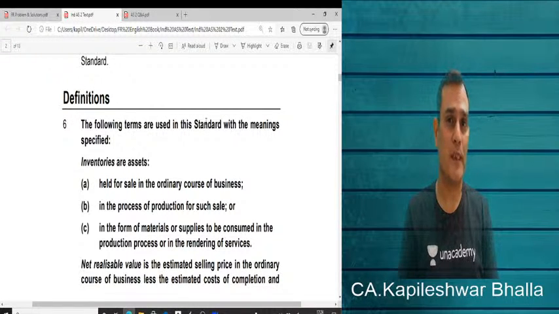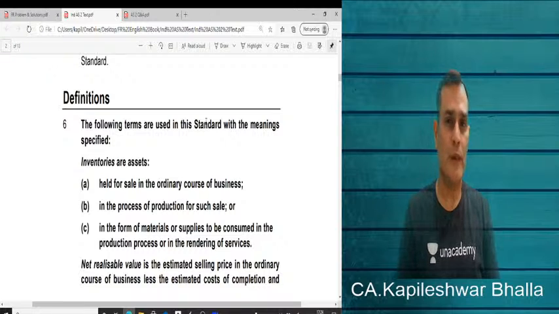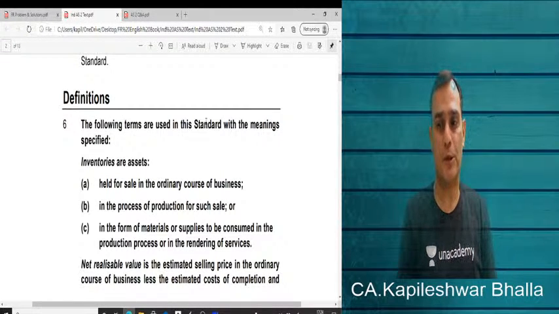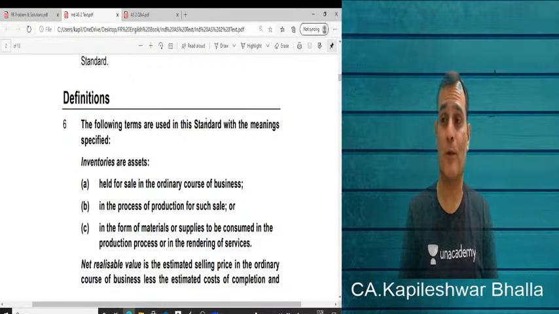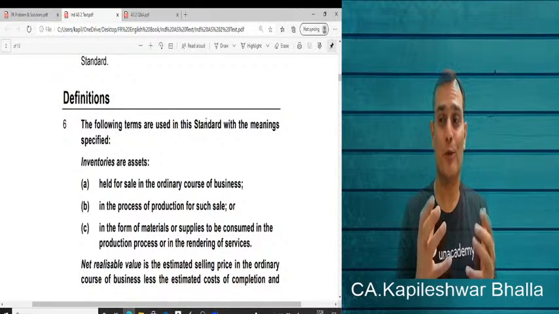Oh my God, we've got a huge level of information with us, and I think it's time to do some documentation on this. We've understood the definition of inventory, and we've got some clarification. We've spent a good time, almost 25 minutes, understanding the term inventory.